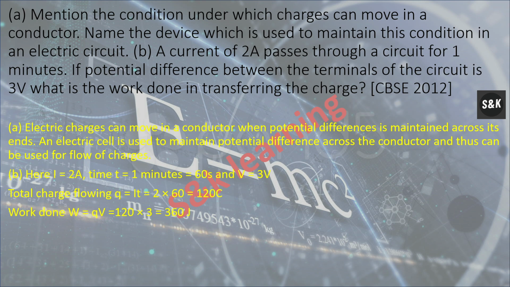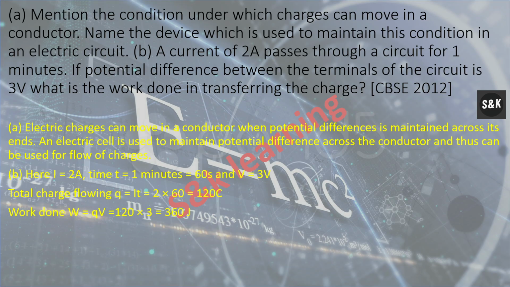Mention any condition under which charge can move in a conductor. Name the device which is used to maintain this condition in an electric circuit. A current of 2 A passes through a circuit for 1 minute. If the potential difference between the terminals of the circuit is 3 volt, what is the work done in transferring the charge?